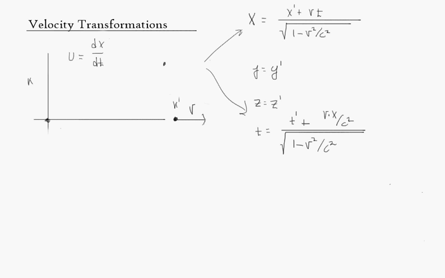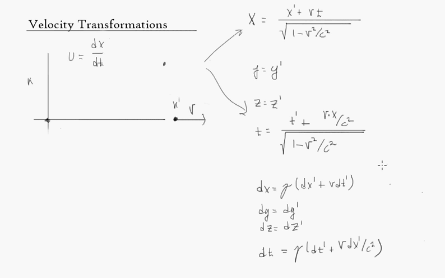And I went ahead and took the derivatives of these quantities ahead of time. So here we take the derivative of x because x is changing here. We don't need to take the derivative of gamma, because we have the square root of a constant. We don't take the derivative of that. V squared, that's not changing. V is the velocity of two different reference frames, and c is also a constant. So nothing in gamma we take the derivative of.